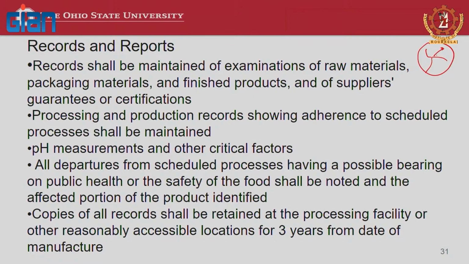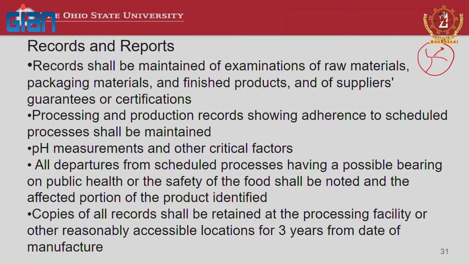Then after the processing is done, you identify that batch, and you store that chart recorder in safekeeping, probably about 3 years. Why? Because canned products have a longer shelf life. Maybe after 2 years a consumer can come in and say, I got sick because I was consuming your canned product, so give me $1 million.